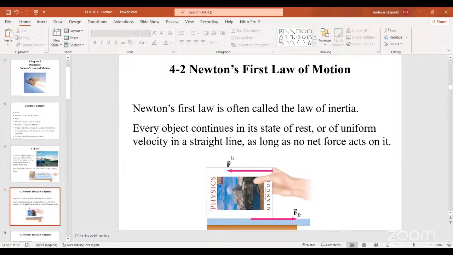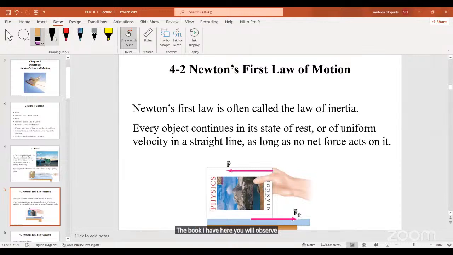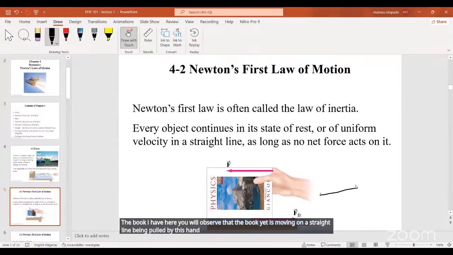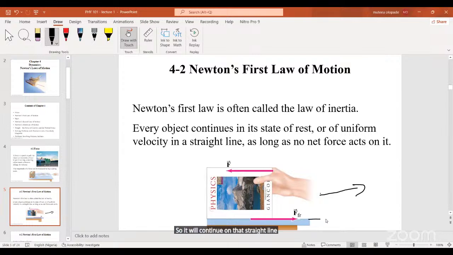The book here is moving on a straight line, being pulled by this hand in this direction. So it will continue on that straight line on the table this way, unless a force acts on it.